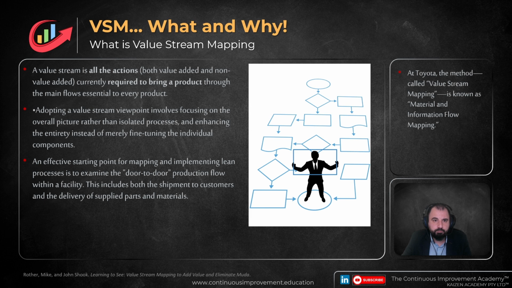And when we adopt a value stream perspective, it means that we are focusing on the bigger picture and we are improving the whole, not only part of the process or a single focus of the process. And a practical starting point for mapping and implementing lean processes is to examine the door-to-door production flow inside a plant, which includes both shipment to customer and also delivery of supplied parts and materials from our suppliers.